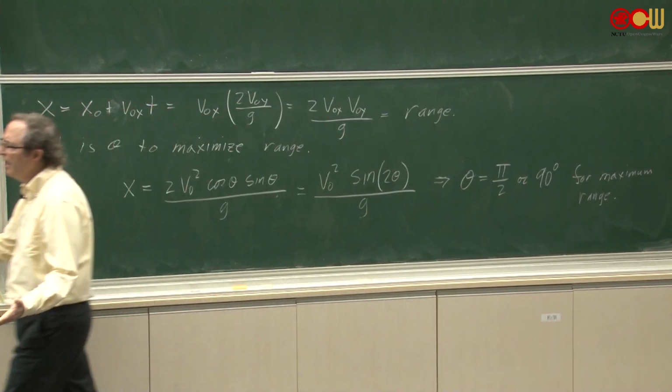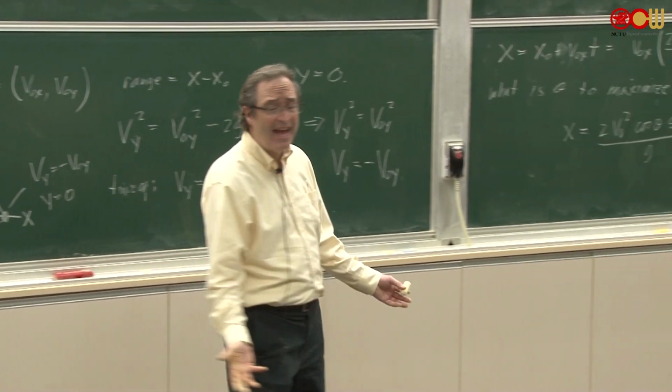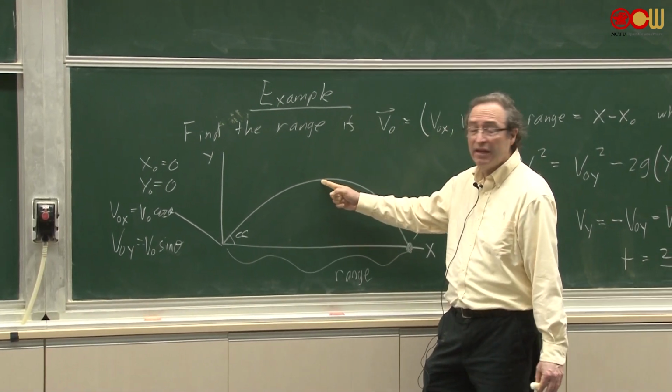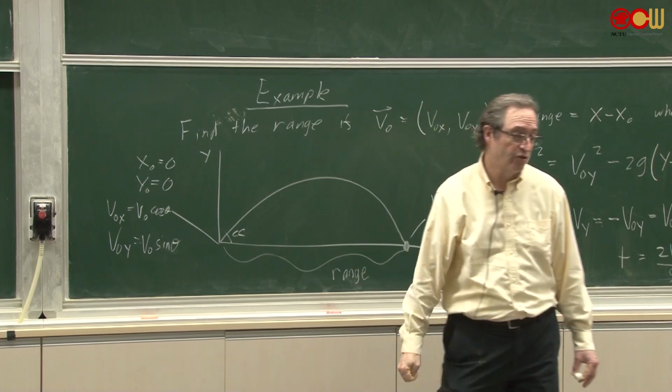So you see that the application of these formulas is very straightforward. Let's see if there's anything else I want to say here. You can go ahead and do lots of examples. Some of the results you can get are, for instance, the time up is equal to the time down. You could just use those results.